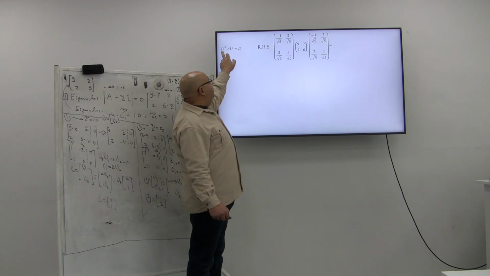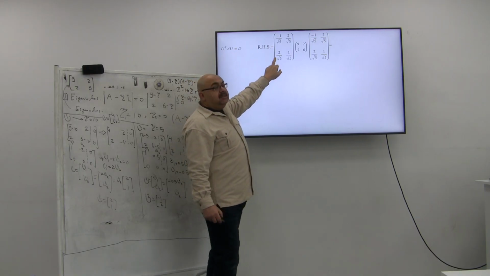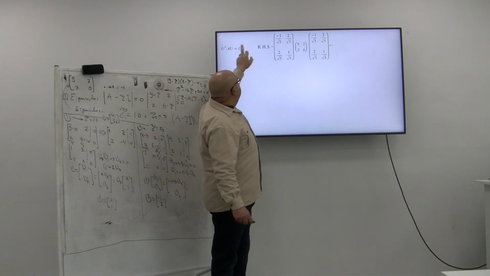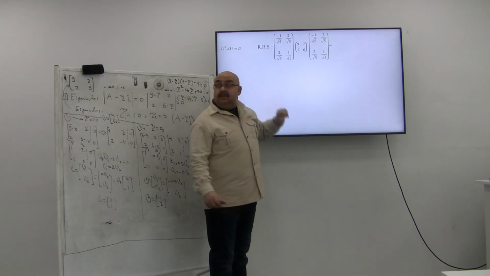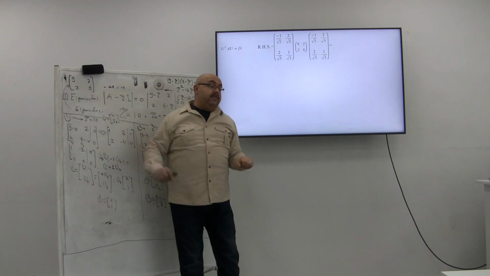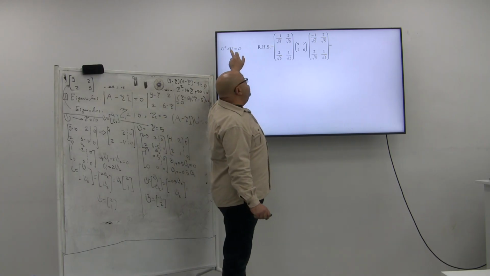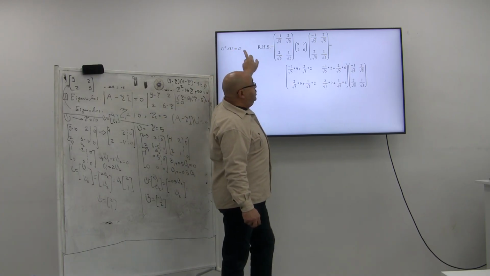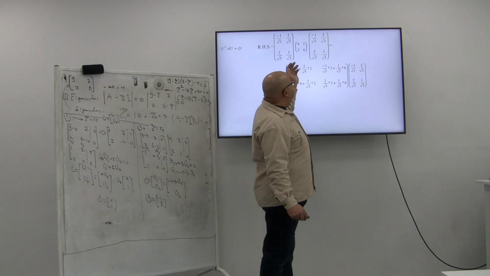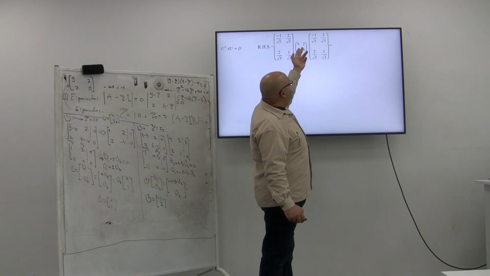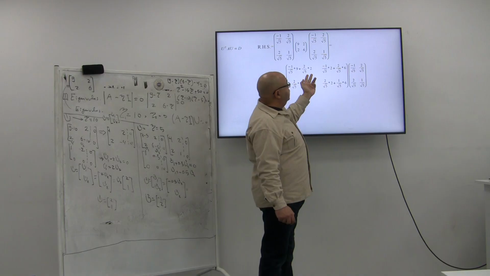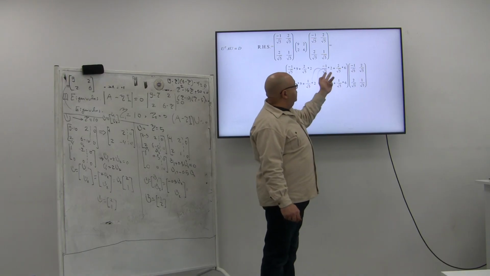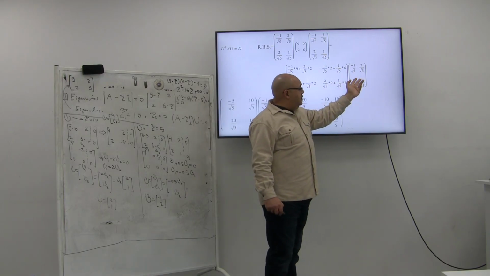So if I take U transpose, which is the matrix that I had its inverse, times A, the given matrix that I started my solution with, multiplying it by U, the result will be a diagonal matrix. If you do the multiplication, I multiply this matrix by that one, this is the result. Then I will multiply the result by the last matrix.